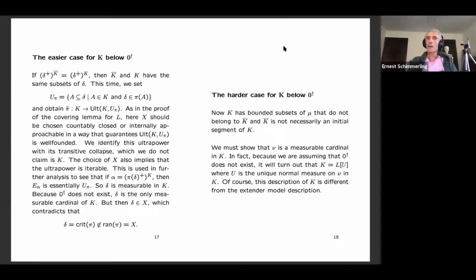Okay, so what does the harder case look like? So again, let's take a sip here. So the harder case is not the easier case. We're still below zero dagger.